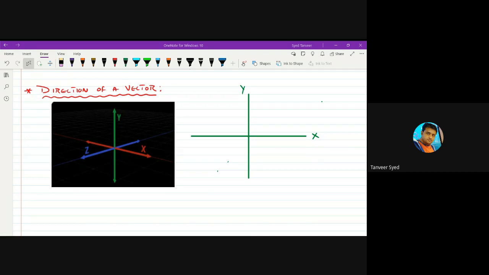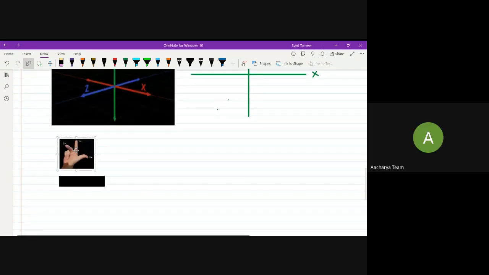One minute. I will show this. Even we can say the corner of a room.